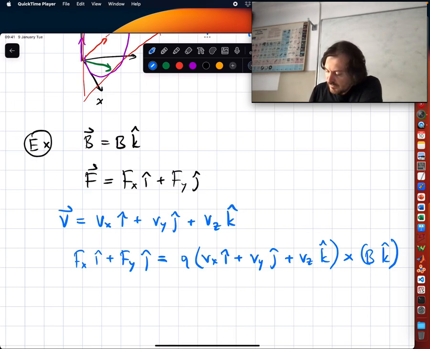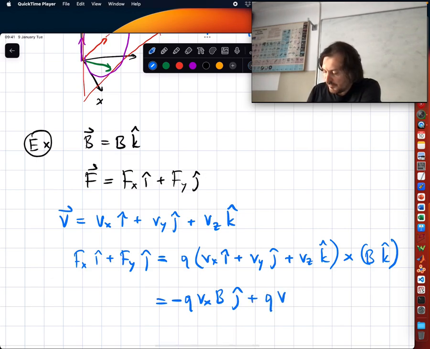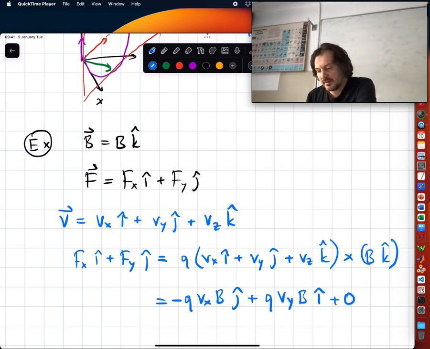Then what we have: i cross k is minus j, so we have minus Q Vx B j. j cross k is plus i, so Q Vy B i. And k cross k is 0, so that's why we don't have a k component.